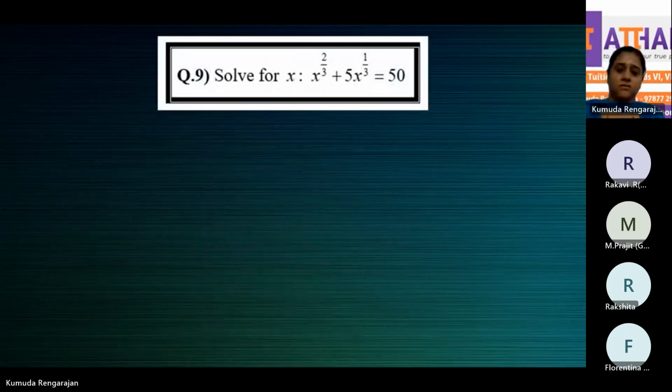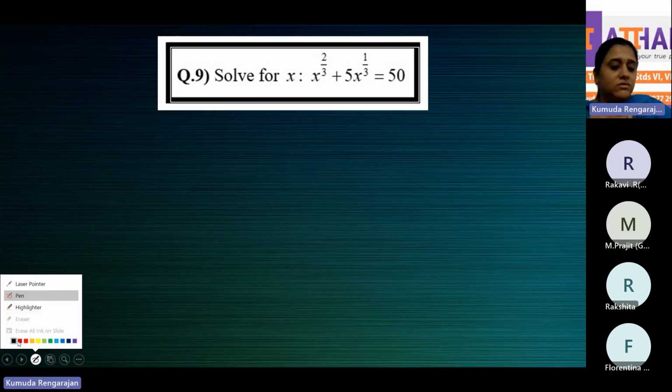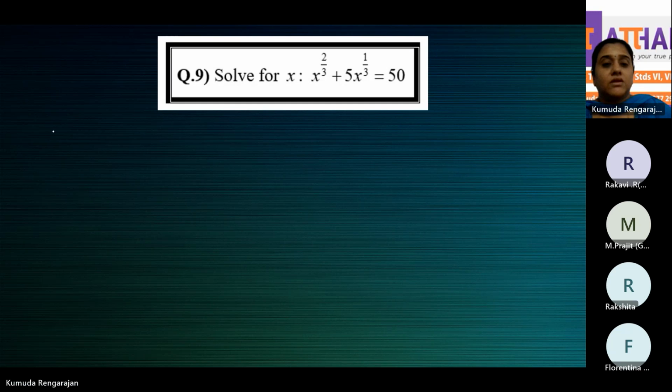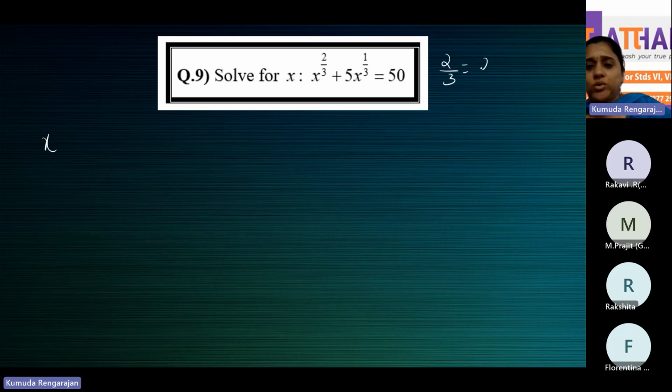Solve for x. We have x to the power 2 by 3. Now we know that 2 by 3 can be written as 2 into 1 by 3. So let's write 2 by 3 as 2 into 1 by 3.